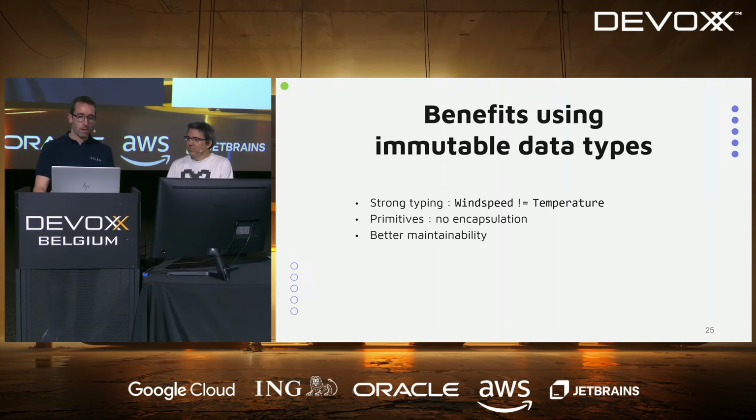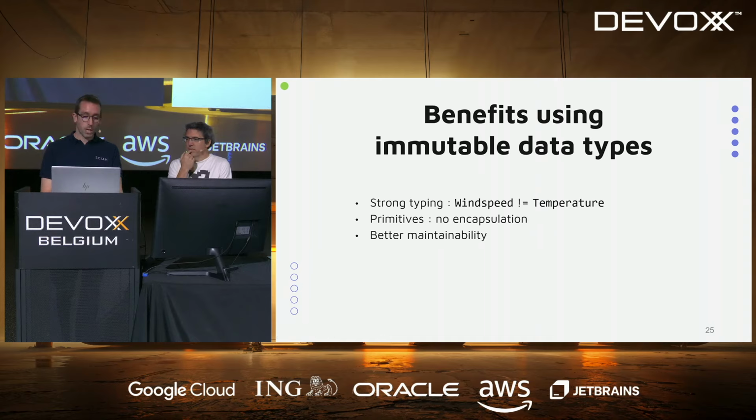Well, yes, first, benefits. As mentioned, using strong typing avoids making mistakes, like a wind speed is not a temperature. You can maybe pass the wrong type, the wrong value, to a method, but with strong typing you cannot. On primitives, you have no encapsulation.